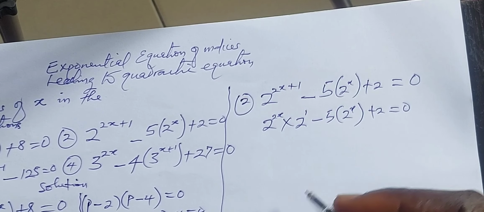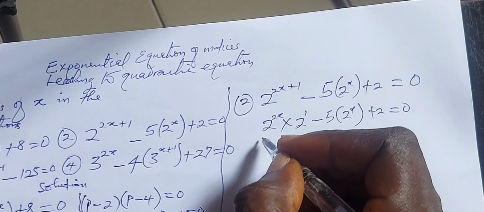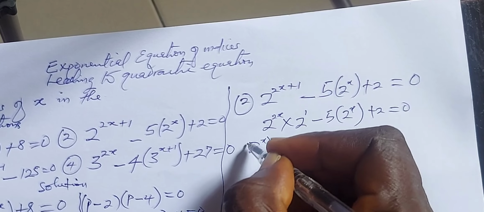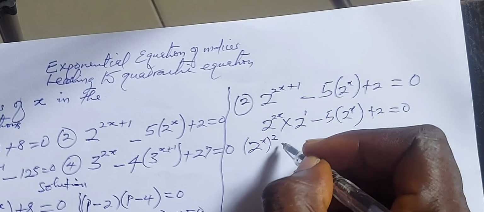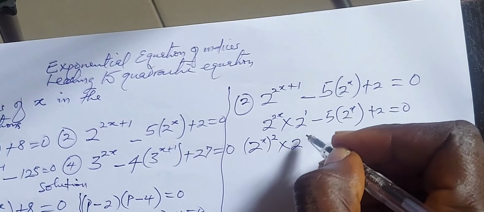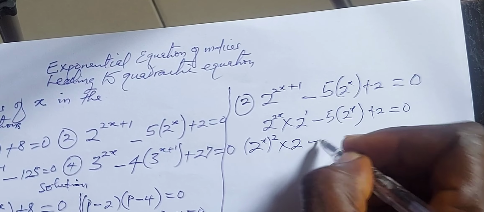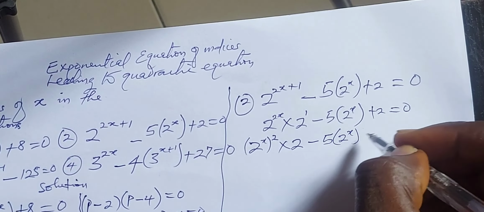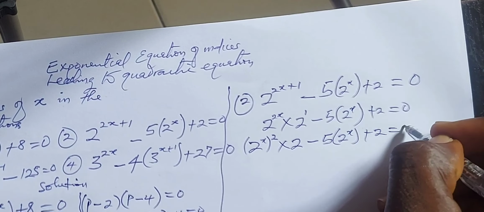I hope you are following. So let's rewrite this expression as 2 raised to the power of x into 2 multiplied by 2 raised to the power of x, minus 5 into 2 raised to the power of x, plus 2.